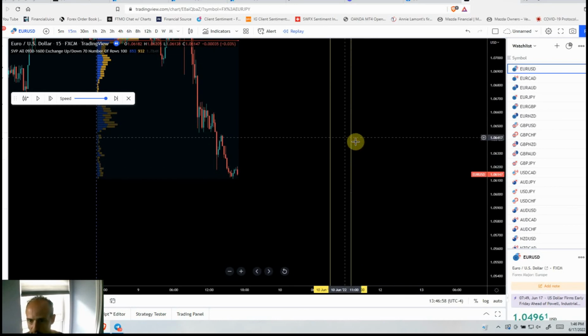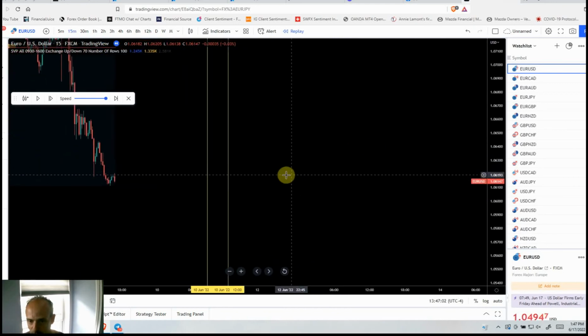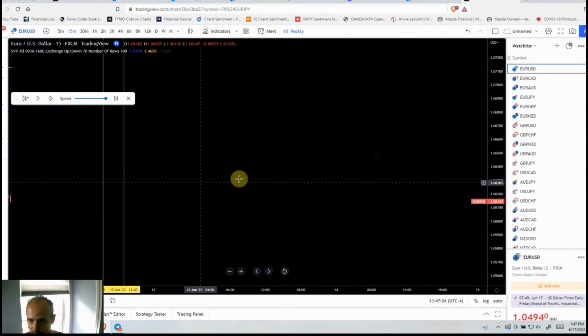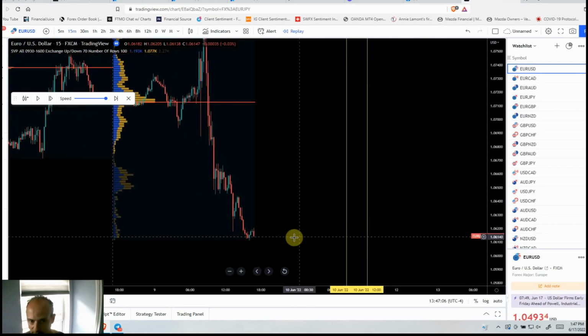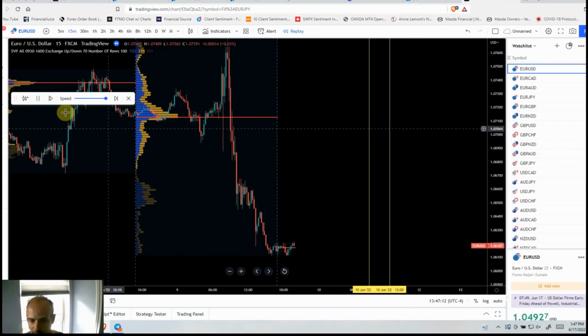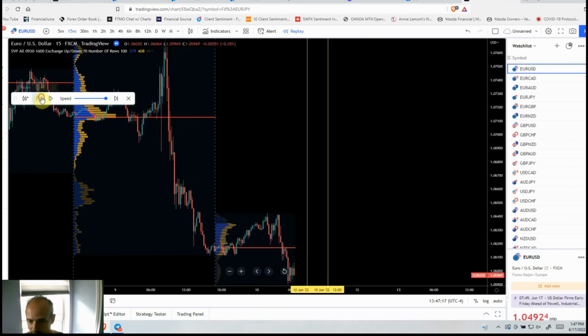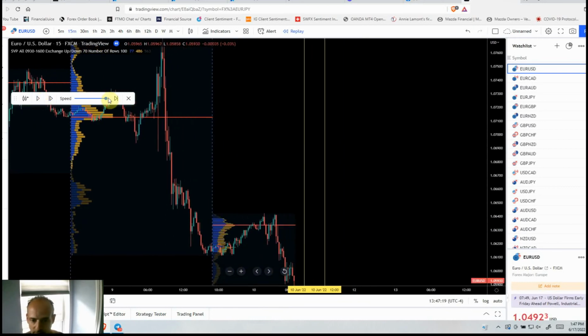Okay, and again, this dotted line would represent the, whoops, or actually it's not going to draw it out yet because it hasn't run the replay. Okay, so let's start this, and we'll run it and freeze it. Okay, well, actually, you know what? So you can see you saw the POC change.